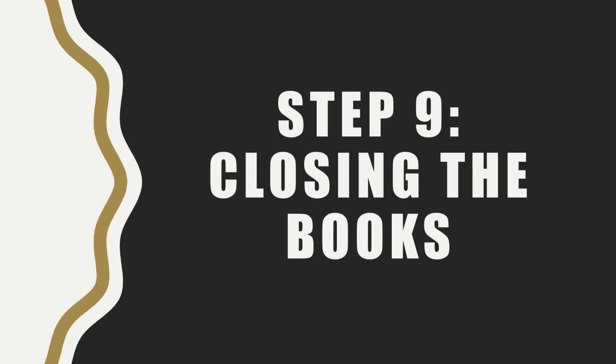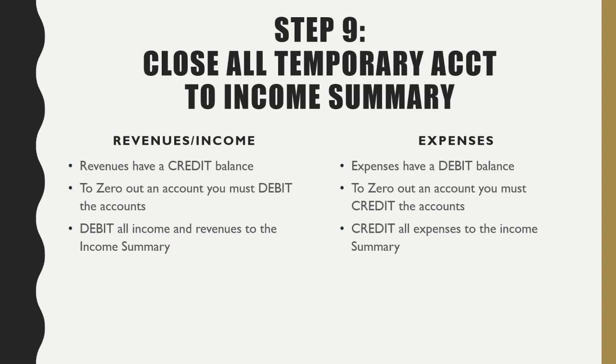Then it goes to step number 9. Step number 9 is going to be actually closing out the books. Now, how we close out our books, we talked about this in chapter 2, is that you have your temporary accounts and you have your permanent accounts. Your permanent accounts never close out at the end of a given period.